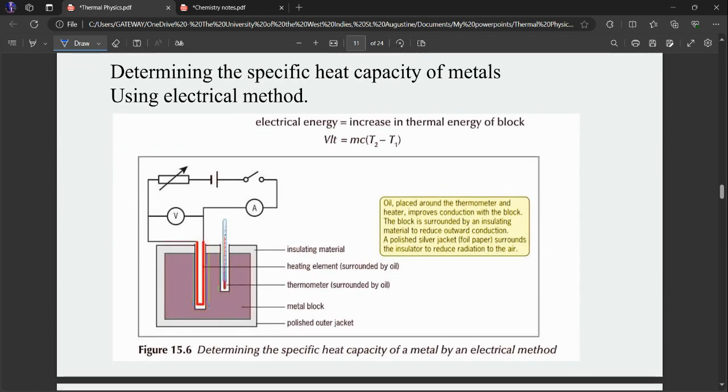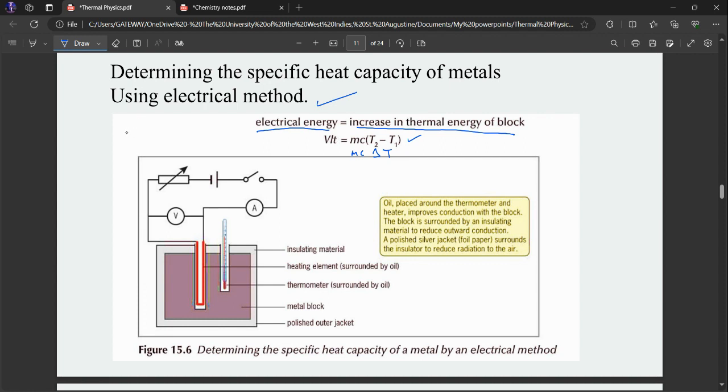right? You have determining the specific heat capacity of metals using the electrical method. Very important to know too. So you can use electrical energy is equal to the increase in thermal energy of the block. We know energy increase of the block will be mc delta T. Now delta T is T2 minus T1. That is how they get this here. But how do they get VIT?